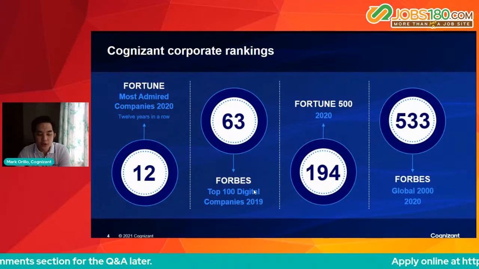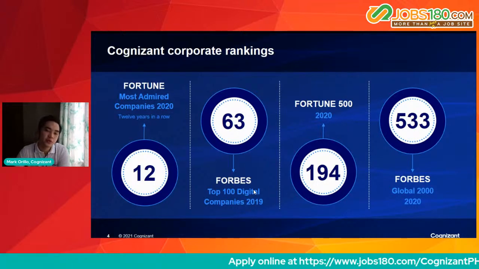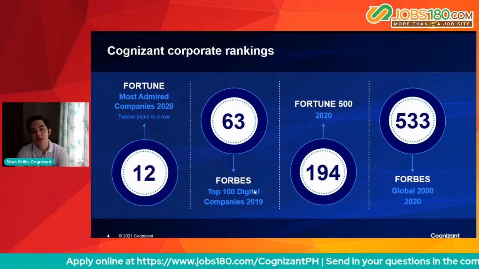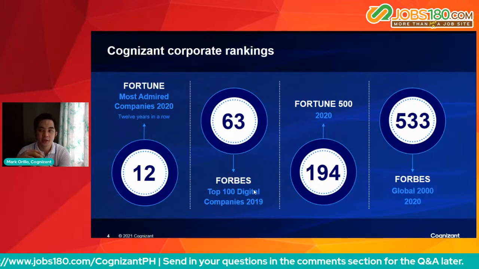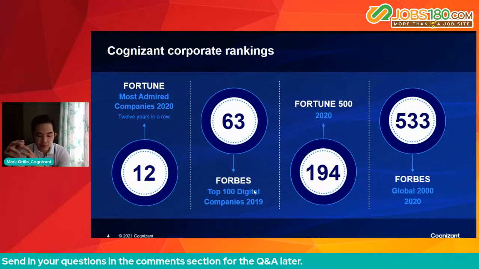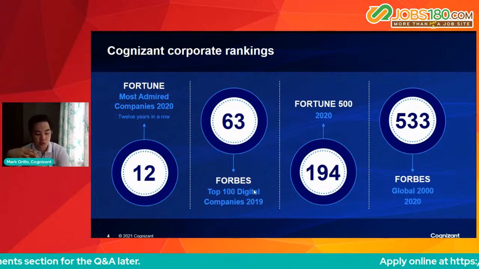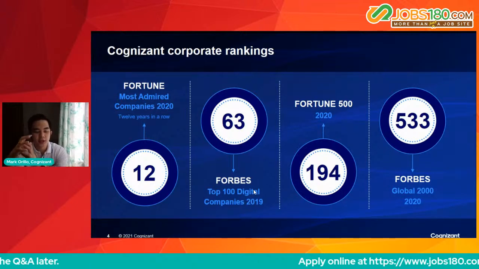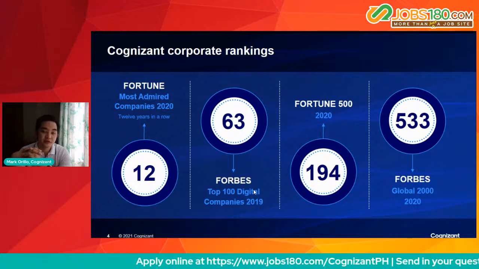So who among you here is familiar with the Fortune 500? For those students who are not familiar, the Fortune 500 is an annual list compiled and published by Fortune magazine, wherein they rank the 500 largest U.S. corporations in terms of revenue. Back in 2013, Cognizant ranked 352nd.